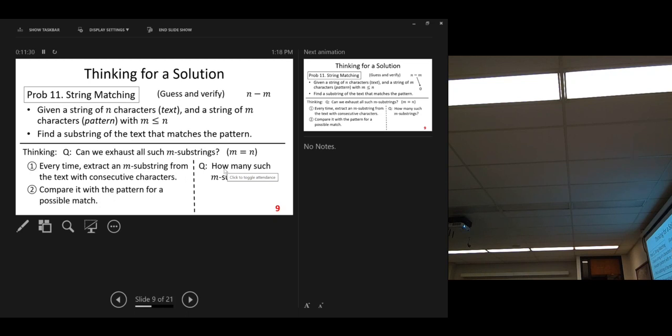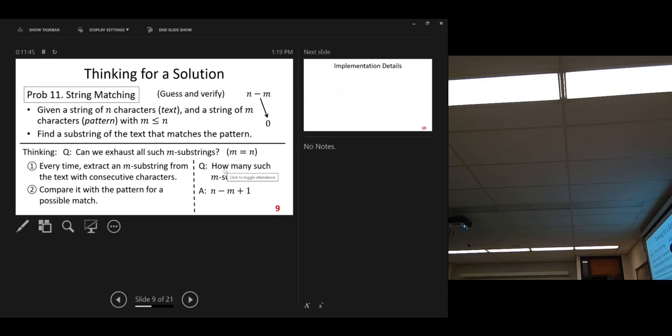When m equals n, you need to compare at least once. But this number 0 does not match 1. So you need to make an adjustment: plus 1. So you can easily see the answer is n minus m plus 1.